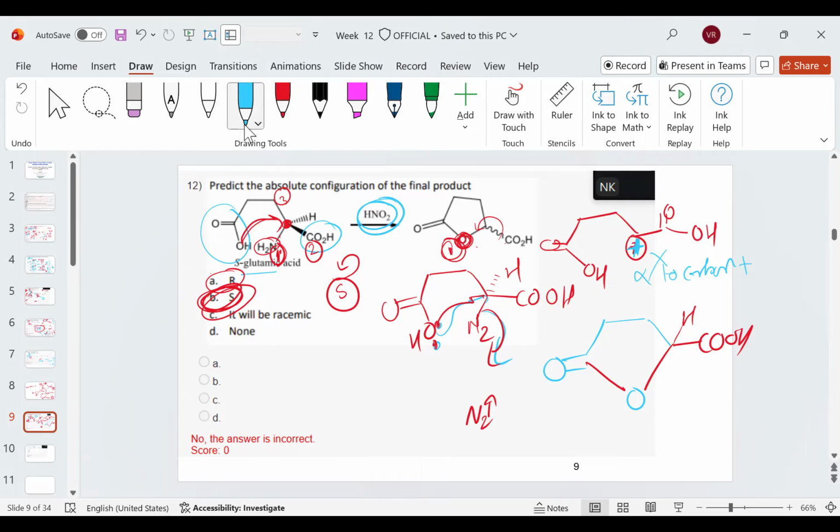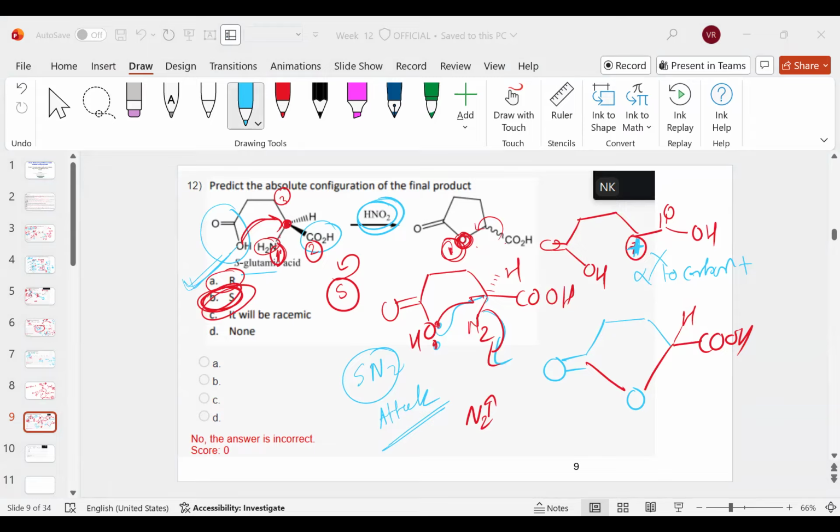So the SN2 fashion attack takes place, and we get inversion in the stereochemistry. Therefore, I think the R option is the more correct option here. The option they have given doesn't seem correct to me.